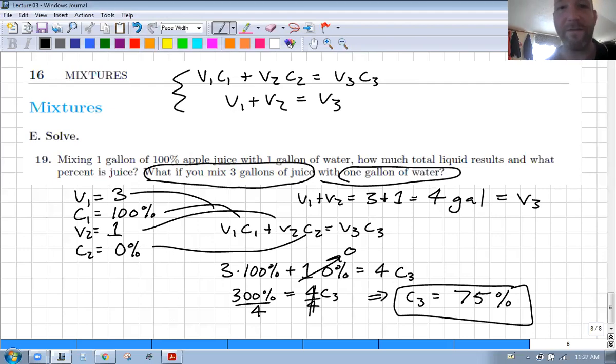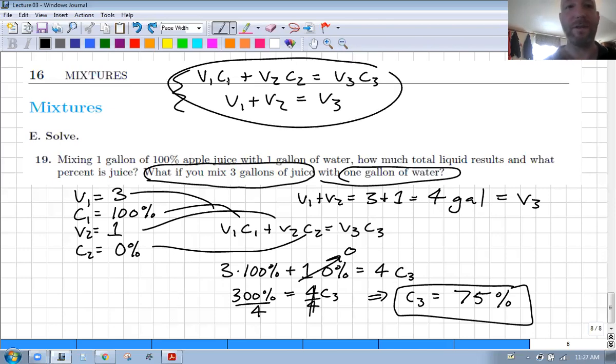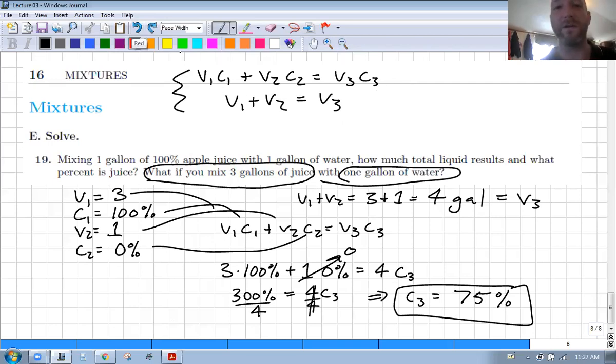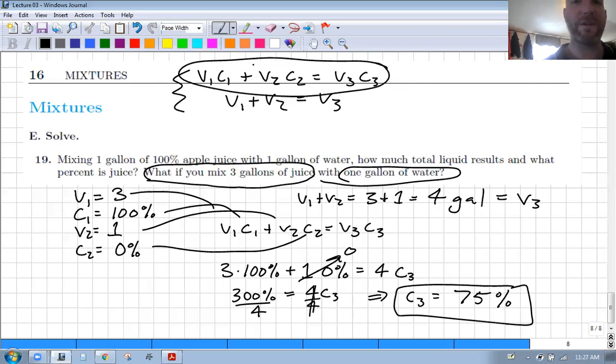Most of these give you V1 and V2, so you can easily figure out V3. Then you know 5 out of 6 of these variables. Once you have 5 out of 6, you can use this to solve for that sixth one, whether you might be solving for V2 or whatever. As long as you get 5 out of 6 of these numbers, you can solve for the last number.